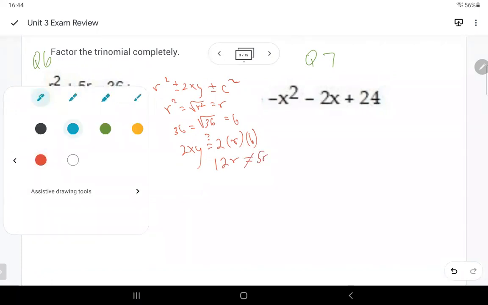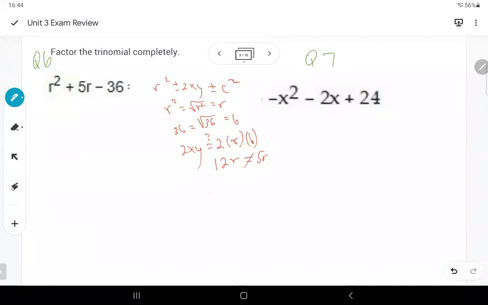What we can do, though, is solve this like normal. So we're going to get the factors of 36, because 1 times 36 is 36. The 1's coming from the front, just like we would with problems where we don't have a 1 in front. So that would be 1 and 36, 2 and 18, 3 and 12, 4 and 9, and 6 and 6. We actually want to use 4 and 9.